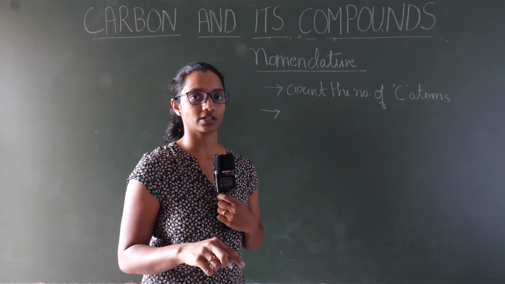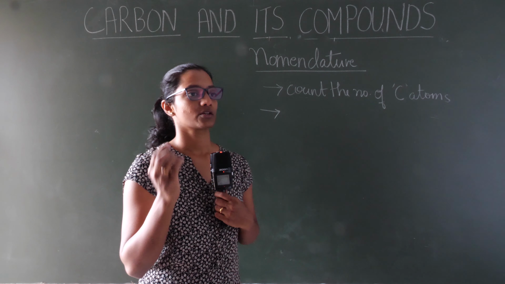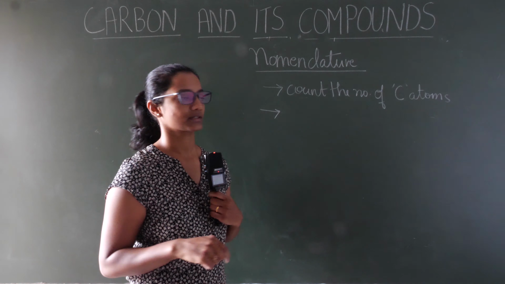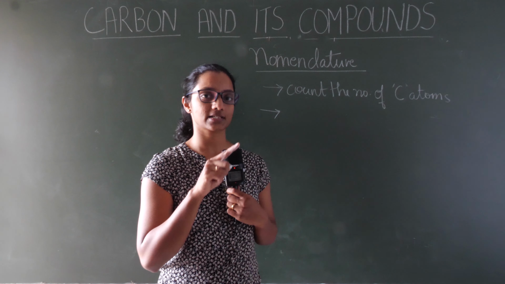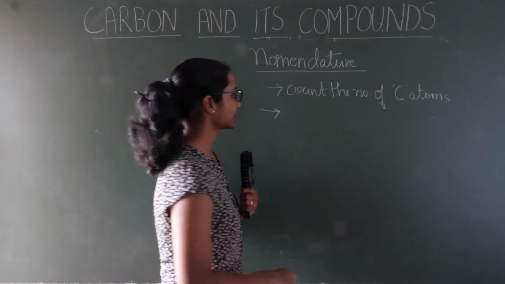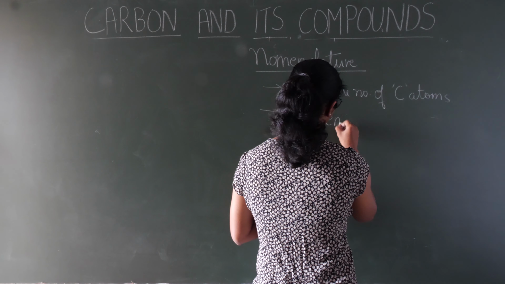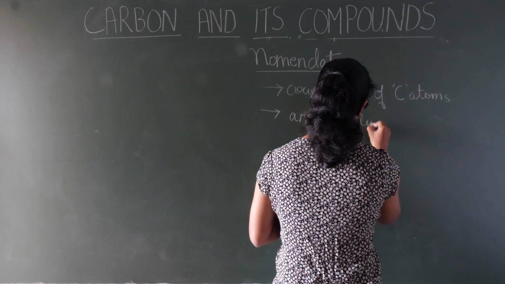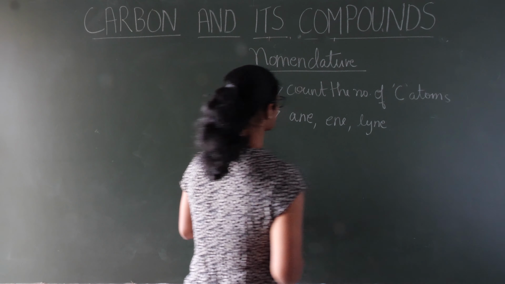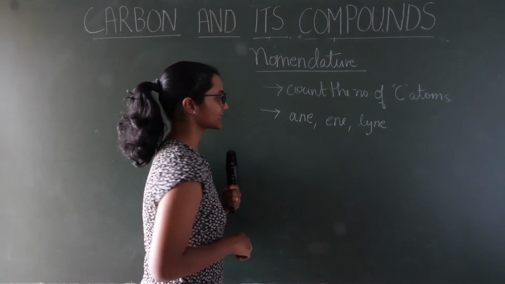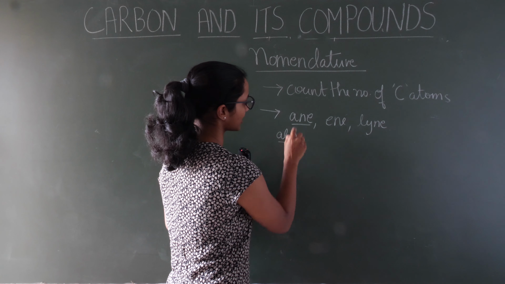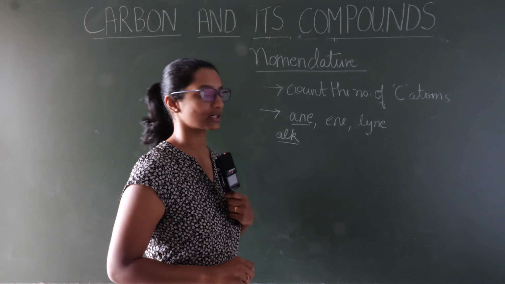Secondly, if it is saturated or unsaturated, so saturated has single bonds, and unsaturated has either a double bond or a triple bond. Then it would have a suffix to it, something like this. So in saturated, it's alkane, which is saturated.